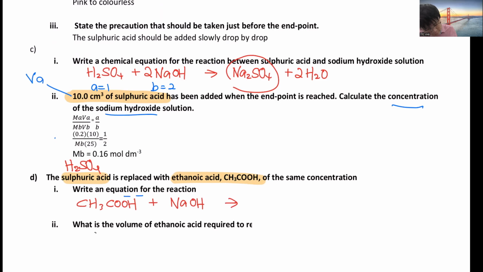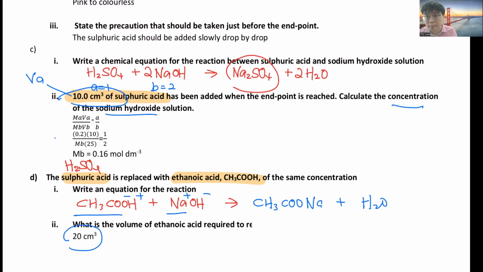Na goes with this one together, so CH3COONa plus H2O. So the volume needed will be double. Just now you needed 10 cm³, so now change to 20, because from diprotic to monoprotic, you need double, more volume is needed.